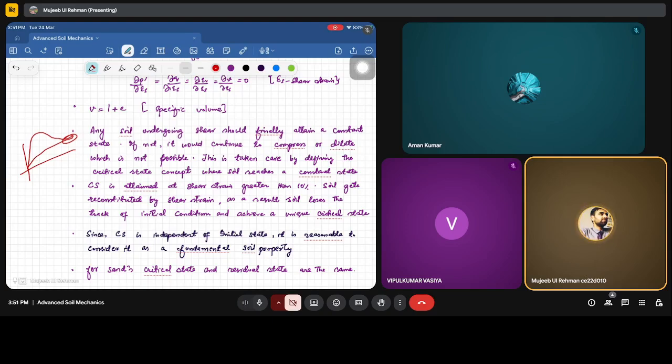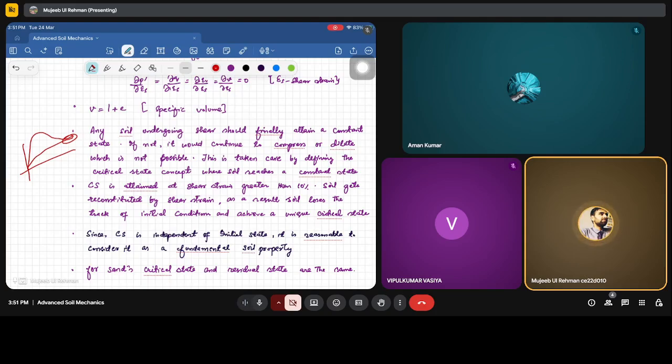But if we fill that toffee box with 200 or 300 toffees and again start to compress or load it, after a certain point of time you won't experience any change in the stress state. Why? Because it has reached its final packing.